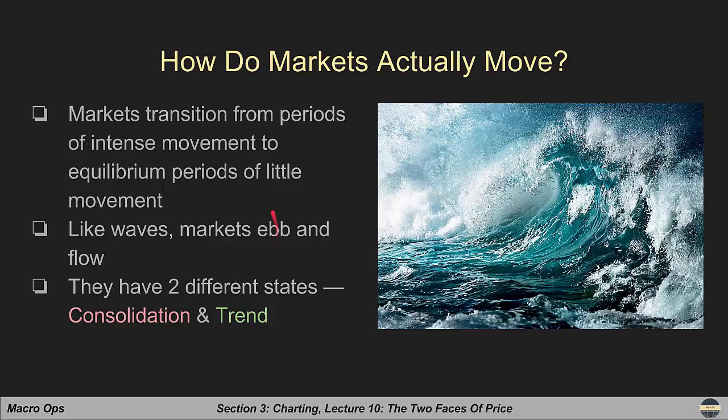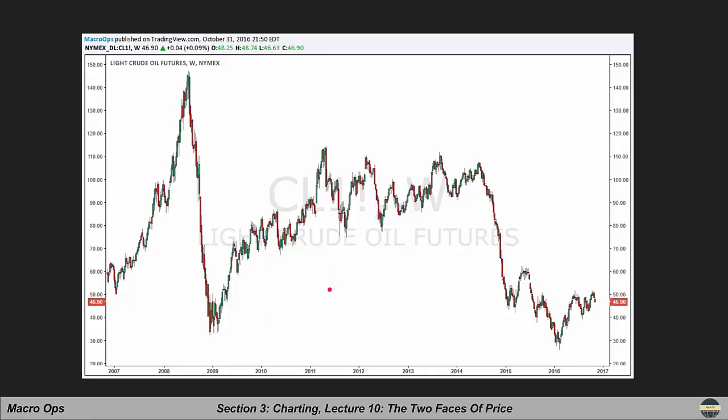And this mental model that we're going to implement here is going to talk about a transition between two states: intense movement, and equilibrium periods of little movement, waves and ebb and flow. We're going to call these two states consolidation and trend. You can see on this chart here that it's very easy to point out areas of consolidation and trend, right?